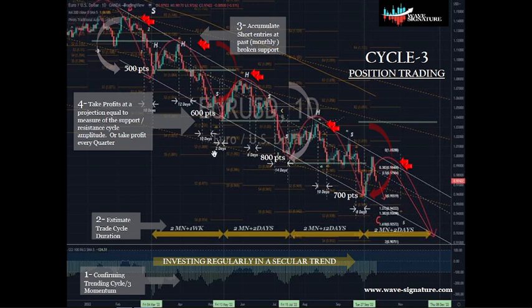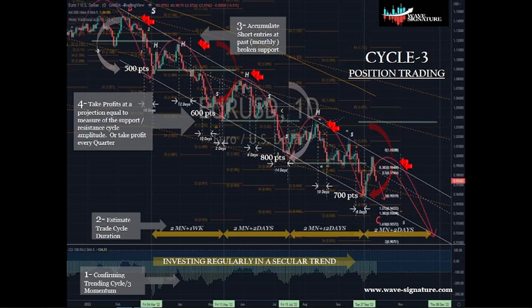If you're doing 600 points in this move per mini, then of course per standard contract it's going to be $6,000. Suppose we will be parking 1.5 standard contracts, it becomes $9,000. And this second example, suppose we park 1.5 contracts, it becomes $12,000 because the profit range here is 800 points. In this third example, suppose we park 2 contracts, for instance, it becomes $14,000.